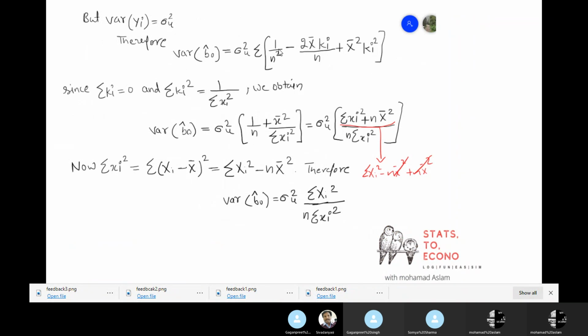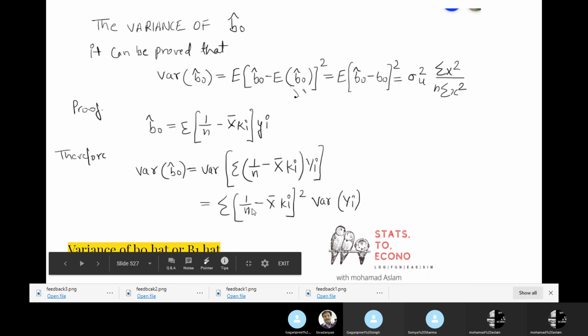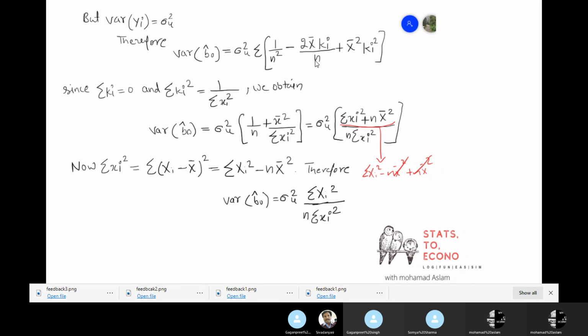The remaining part is 1 by n, this whole term, squared: a square plus b square plus 2ab. Now put the ki value. As you proved, summation ki is equal to 0 and summation ki square is equal to 1 by summation xi square.